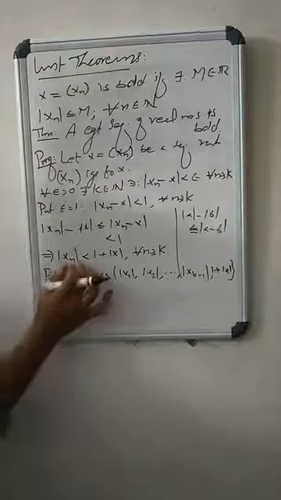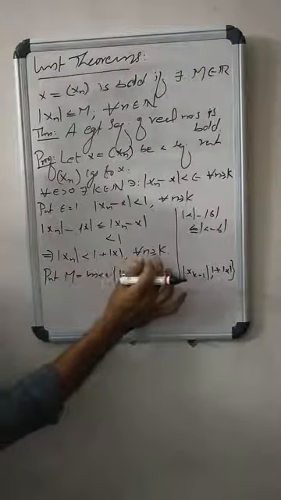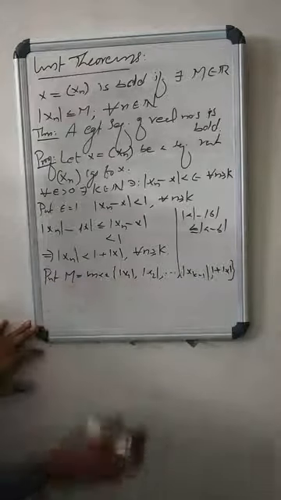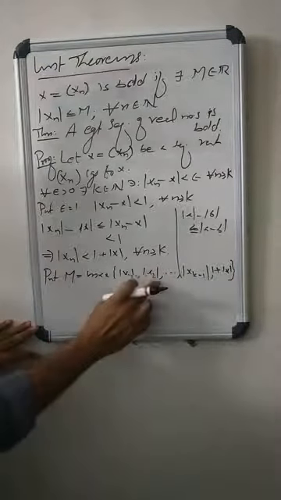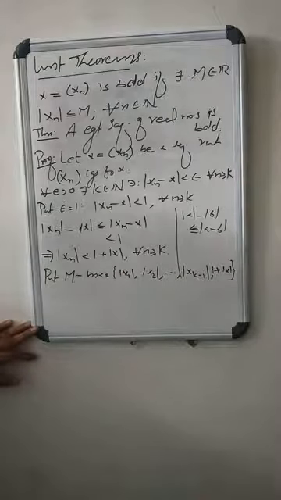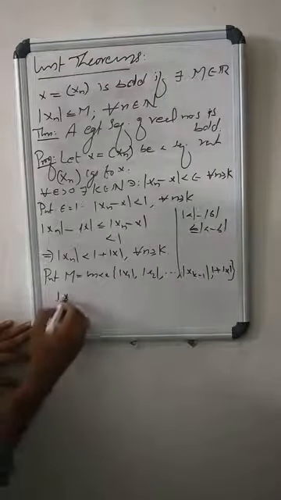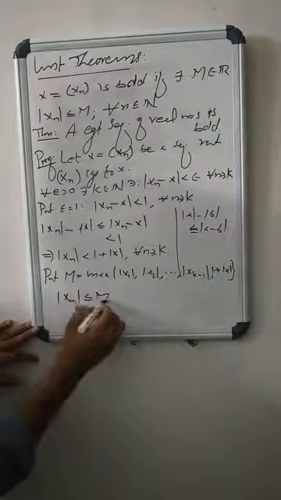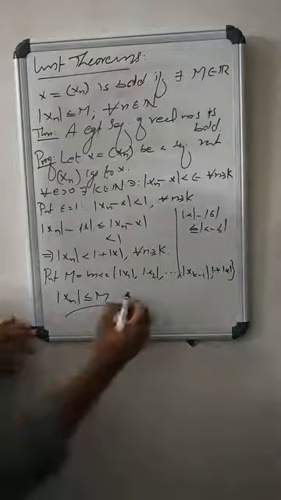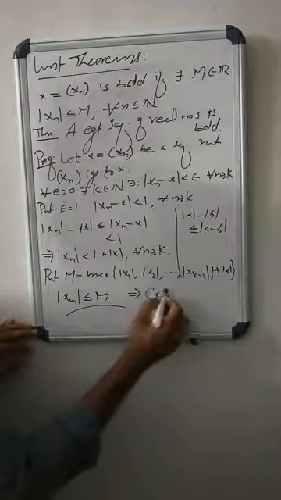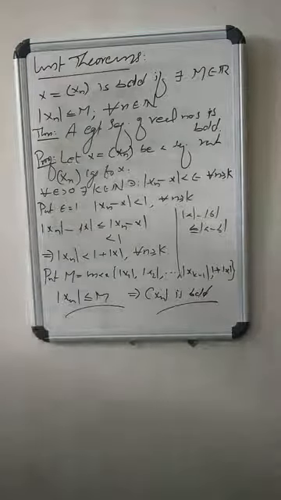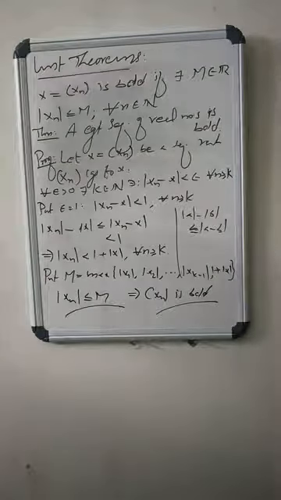So we have mod xn strictly less than 1 plus mod x for all n greater than or equals k. Then clearly we have mod xn less than or equals M. That means the sequence xn is bounded. So a convergent sequence is always bounded.